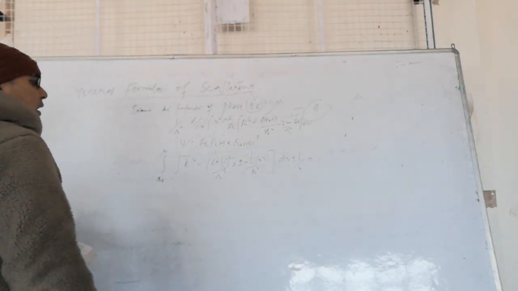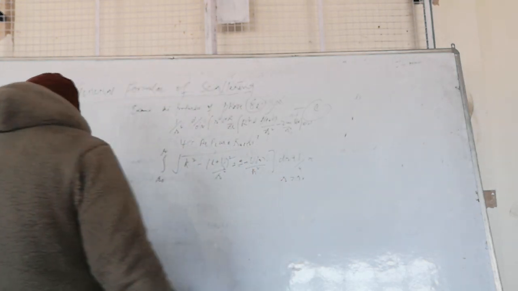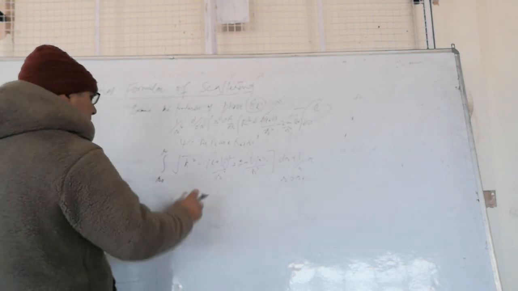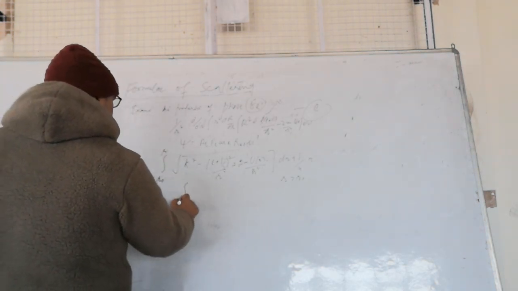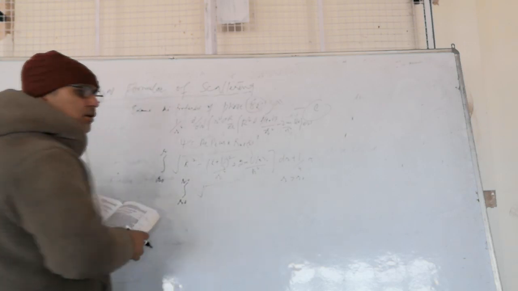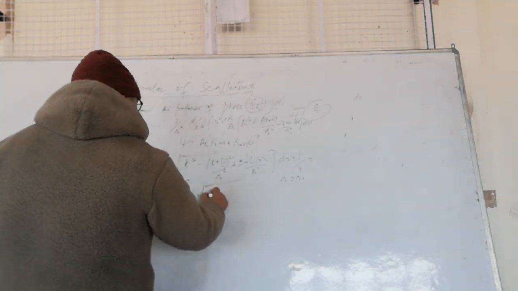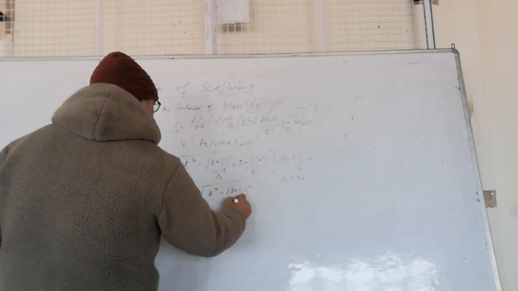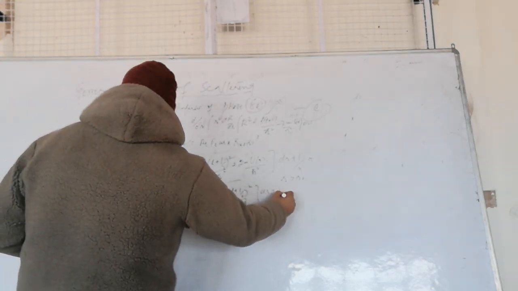Now for r greater than r naught, for the classically accessible regions, the integral will turn out to be the square root of k squared minus L plus half squared by r squared, dr, plus 1 by 4 pi.